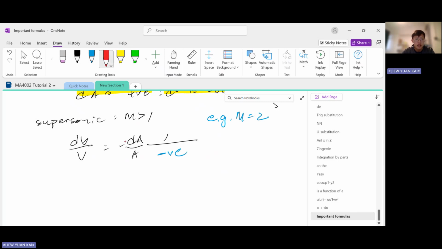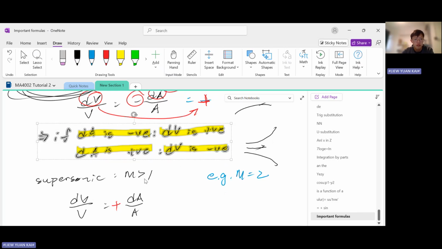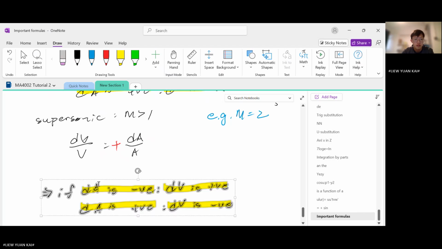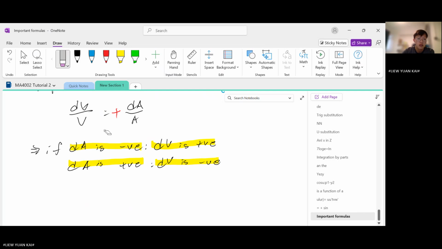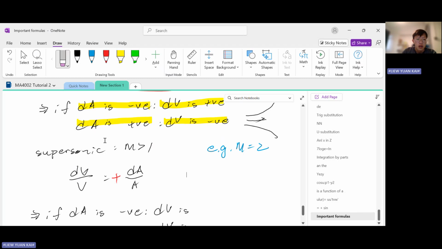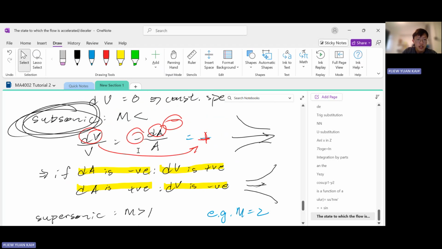Take a look at this. Negative, negative should give me positive, right? So at the end, this whole thing here will become positive. Now, we have to consider the different cases again. So now let's copy this down and investigate what happens. When dA is negative, what happens?